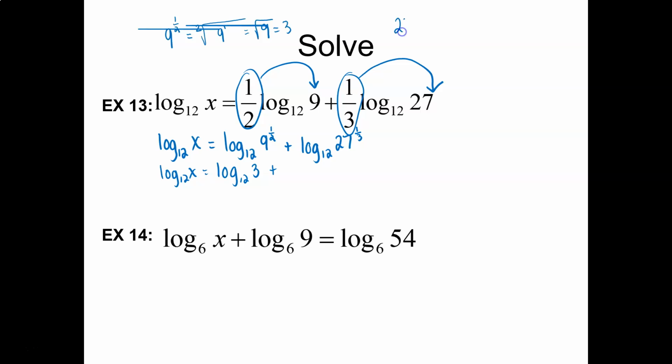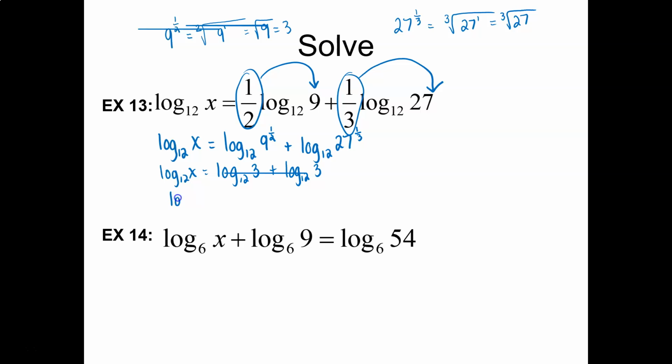I've got 27 to the 1/3. The bottom of the fraction is my root. The top of the fraction is my exponent. So when I see something to the 1/3, that's just the cube root of 27. What is the cube root of 27? It's 3, right? Log base 12 of 3 also here.